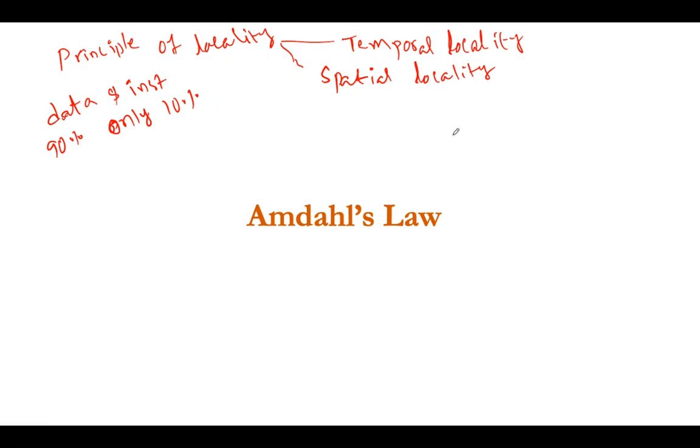So what is temporal locality? Temporal locality states that recently accessed items are likely to be accessed in the near future. Whereas spatial locality says that items whose addresses are near one another tend to be referenced close together in time. This is the difference between temporal locality and spatial locality.